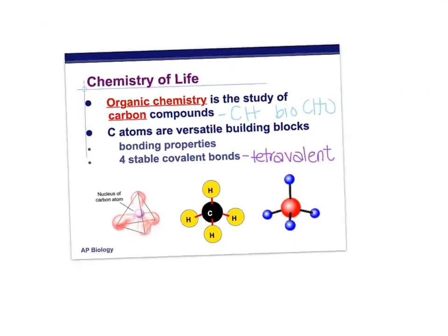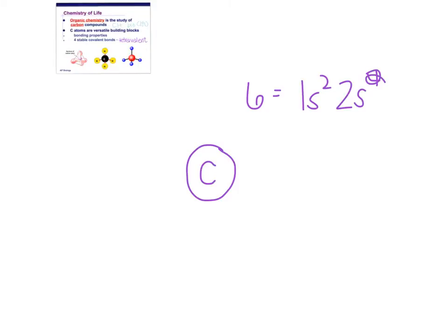So if you go back and you think about the structure, if you do a little Lewis structure for carbon, I'm going to put my carbon in the center. Carbon has 6 protons, right? So 6 protons, which means that it's got 6 electrons. So I'm going to have 1s2, 2s2, 2p2.